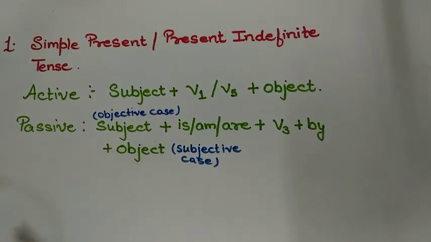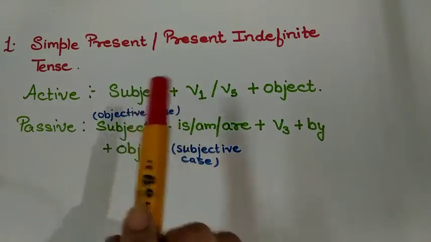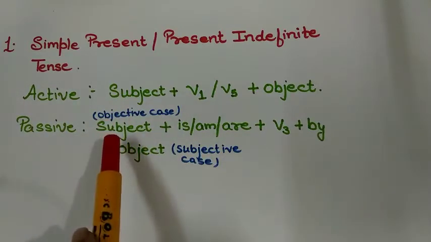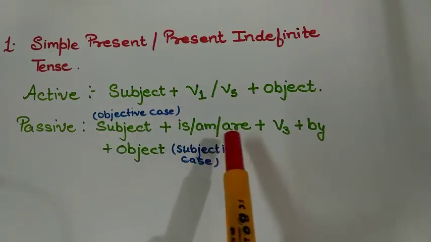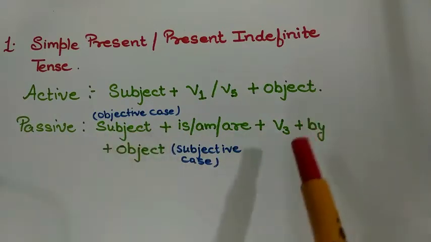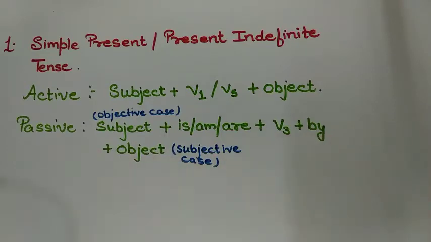In simple present or present indefinite tense, active voice comes in this form, that is subject, verb plus object. Here, when we convert it into passive voice, it will be like subject plus is, am or are depending on the subject, then third form of verb plus by and object.